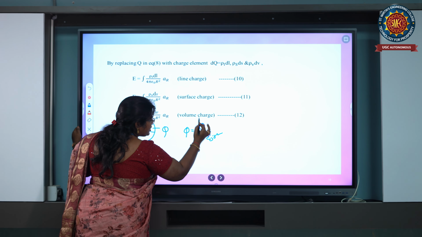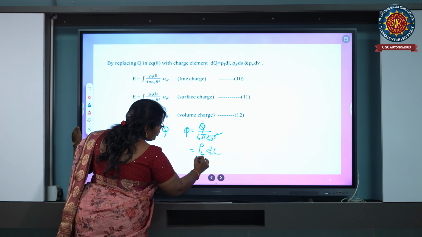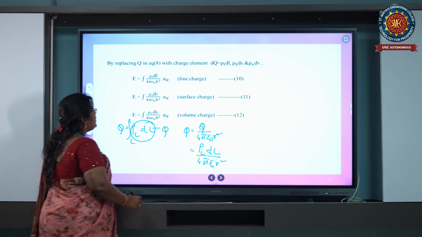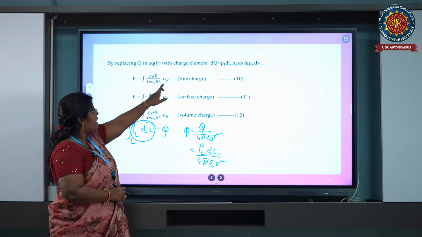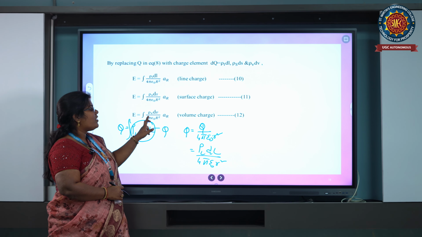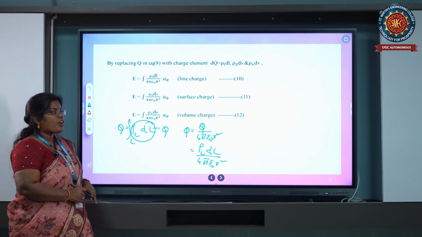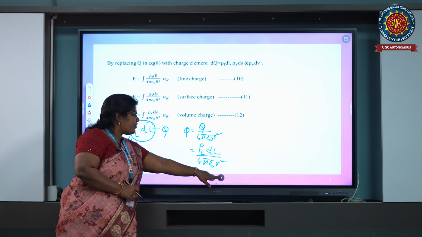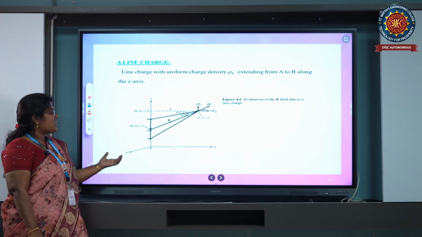So here q is rho L dl by 4 pi epsilon naught r square. The formula is E equal to the integral of rho L dl by 4 pi epsilon naught r square times a r for the line charge, whereas for the surface charge it is rho S dS, and for the volume charge rho V dV. So these three types of charge distributions occur in three different ways.